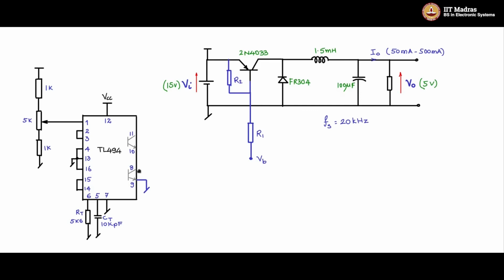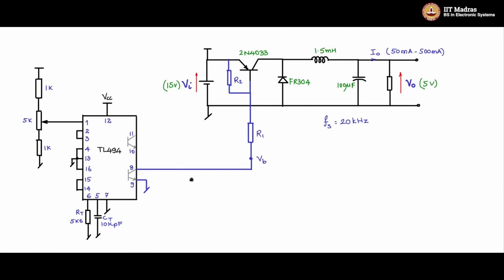Ground the emitter and the collector, let me connect it here. So that's it. You have a PWM generator IC where the duty cycle can be varied and it is controlled, and at this collector you will get the pulse width modulated waveform which is given as base drive signal to this PNP BJT, which will switch this buck converter and you will get the required output.